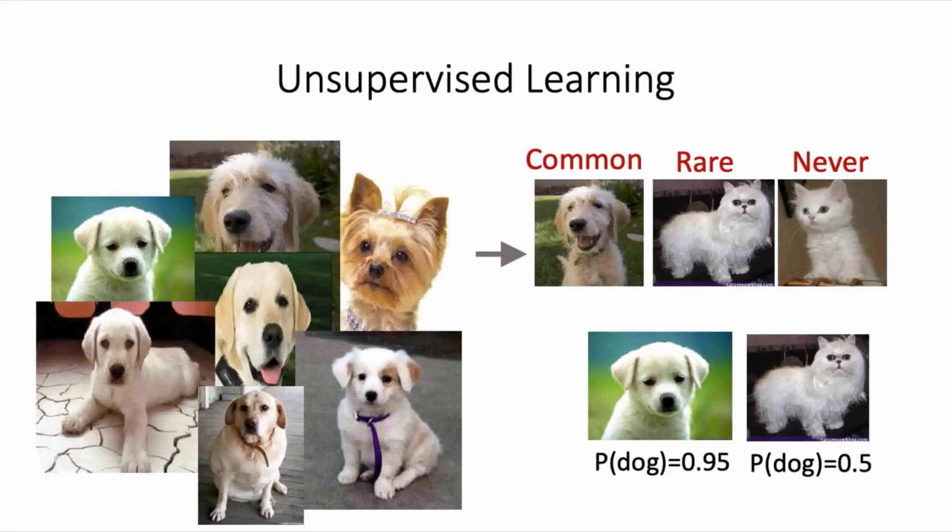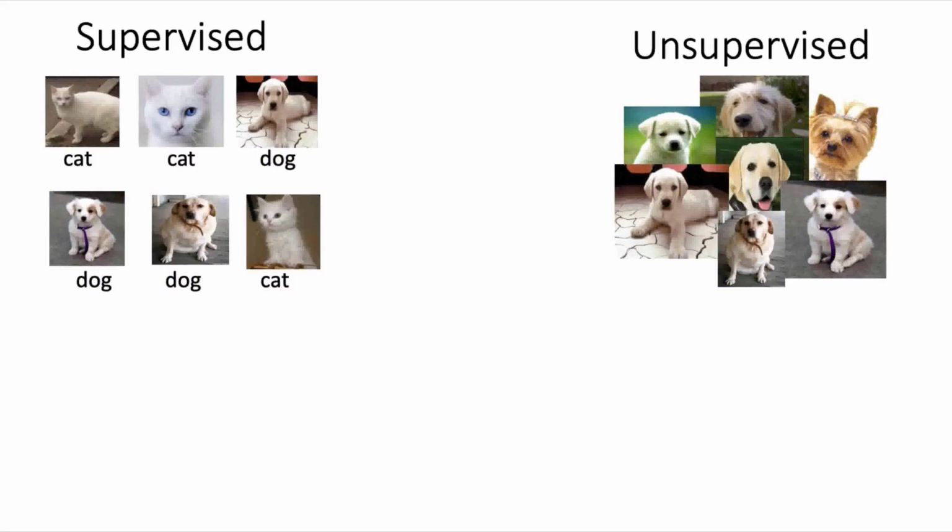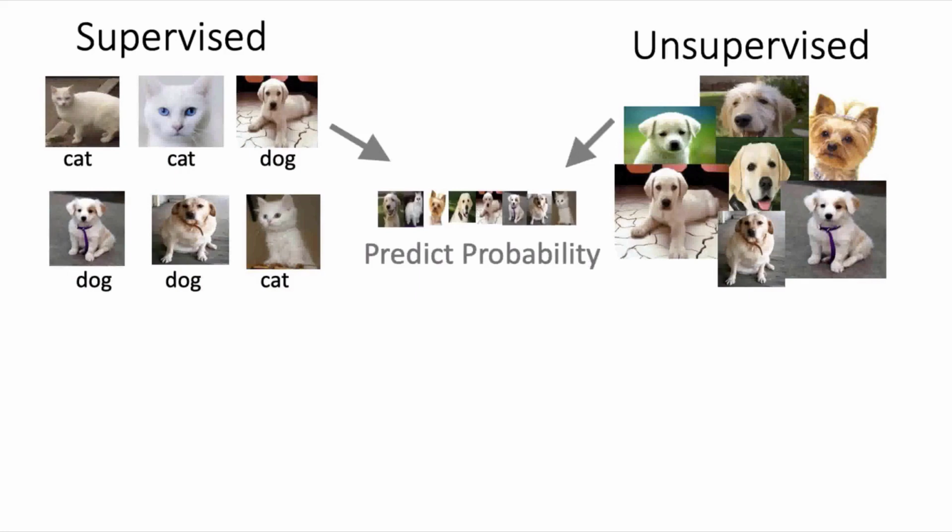So we can see here that very similar information processing problems can often be solved with either supervised or unsupervised learning. We've seen examples of both supervised and unsupervised learning models predicting the probability of an image being a dog. However, while the format of the output is similar between these two models, they are customized to slightly different problems.